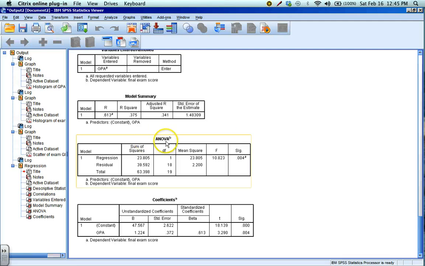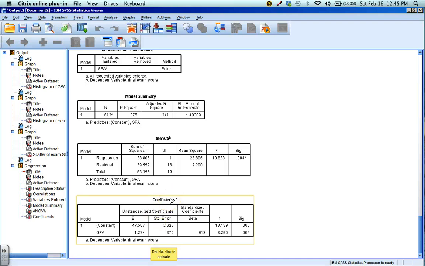You see here we have some ANOVA results. We have the F, which is 10.823, with a significance value of 0.004, again meaning that this test is also significant. And we go down here and get these coefficients.